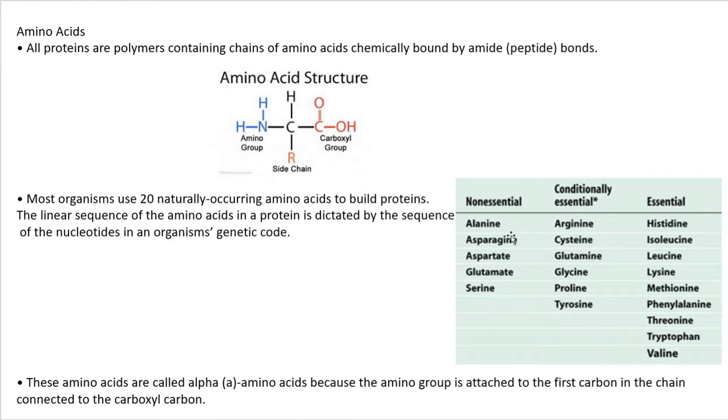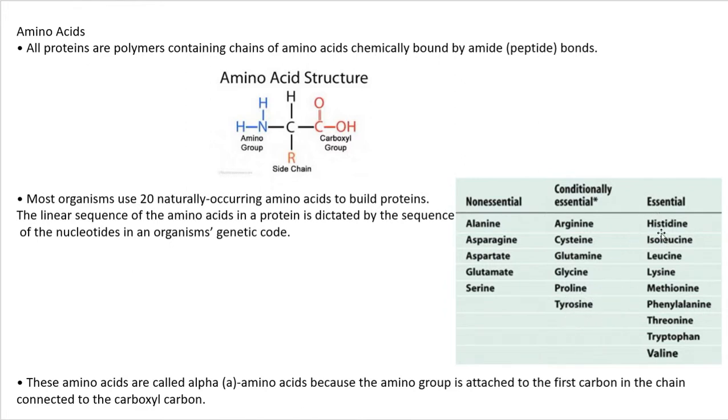Here you have the amino acids, which can be divided into non-essential like alanine, asparagine, aspartate, glutamate, and serine, and conditionally essential that are arginine, cysteine, glutamine, glycine, proline, and tyrosine.